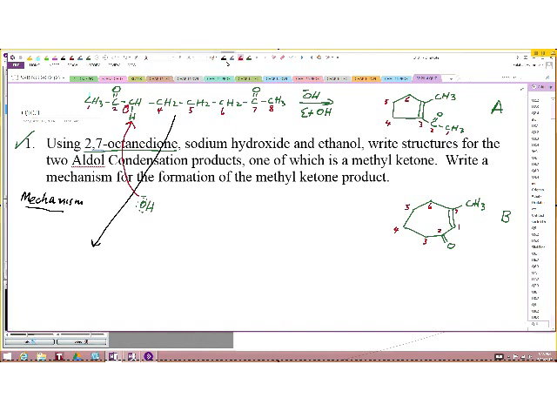So we form this intermediate enolate anion.